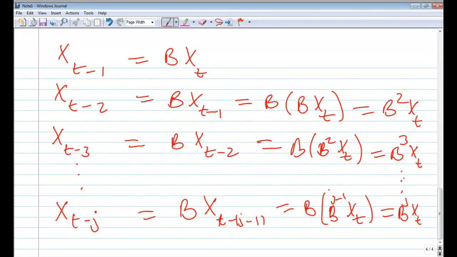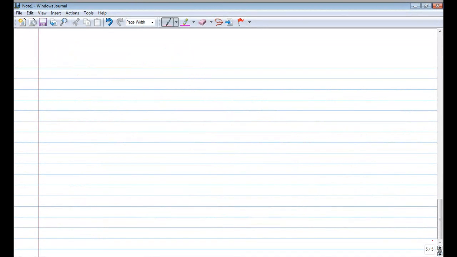Okay. So now, let me just go to the next page. Let's say you have got change in xt squared. This one is the second differencing. Remember, first differencing is change in xt. So second differencing is change in squared xt.